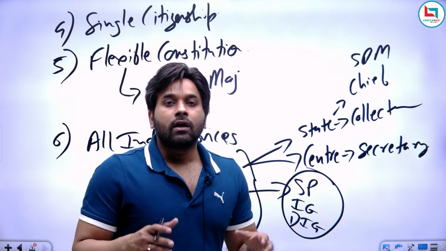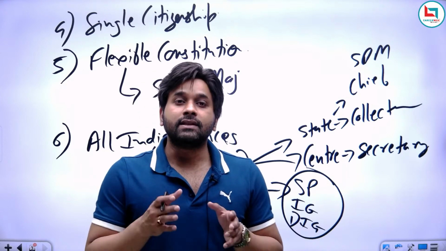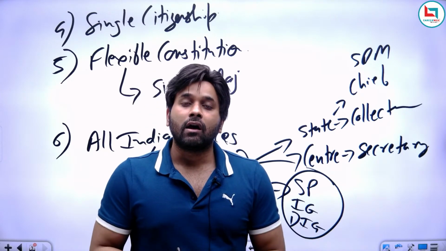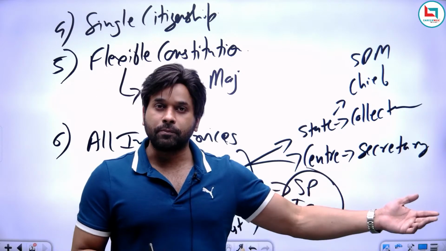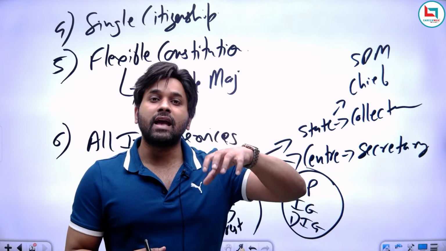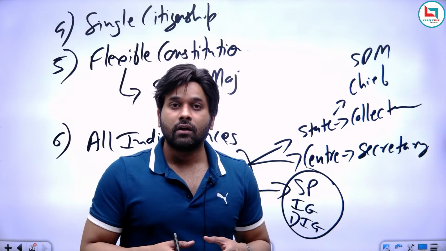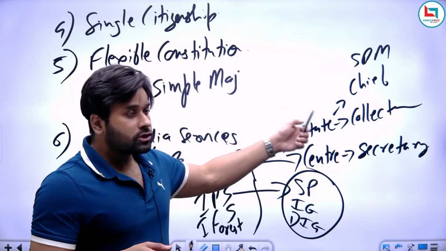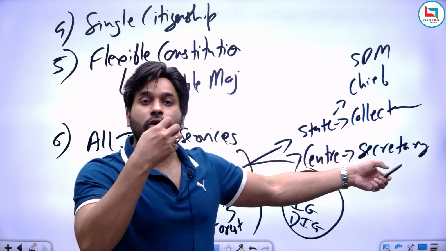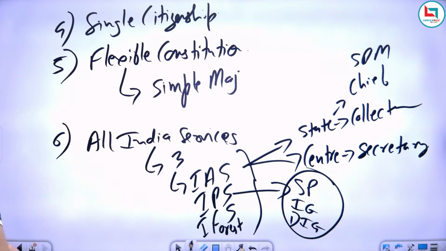Because the central government has control over these services. The central government decides when they are to be promoted, when their transfer should be done. All these things are in the hands of the center. The center is the ultimate authority, not the states. So that is why they give their services to the state, but they are under the control of the center. That is why it comes under the unitary feature.